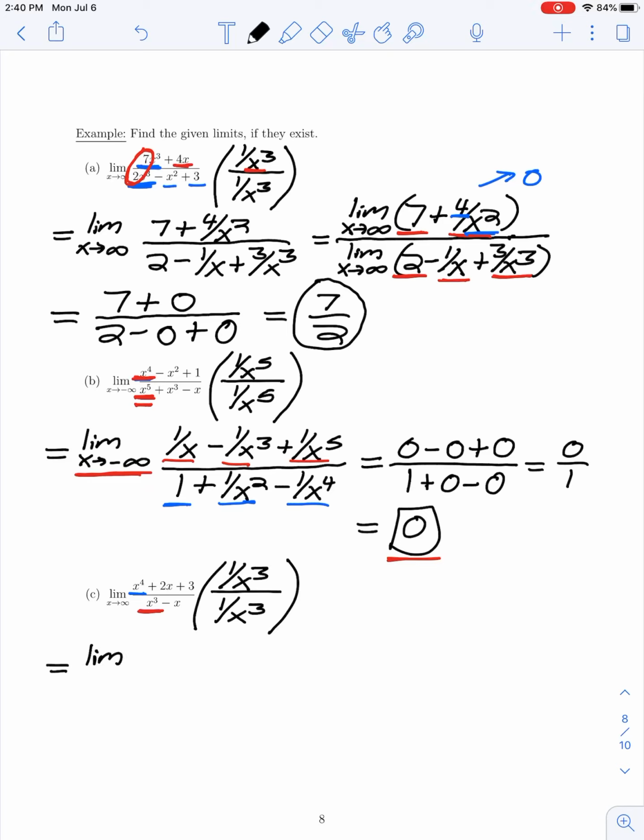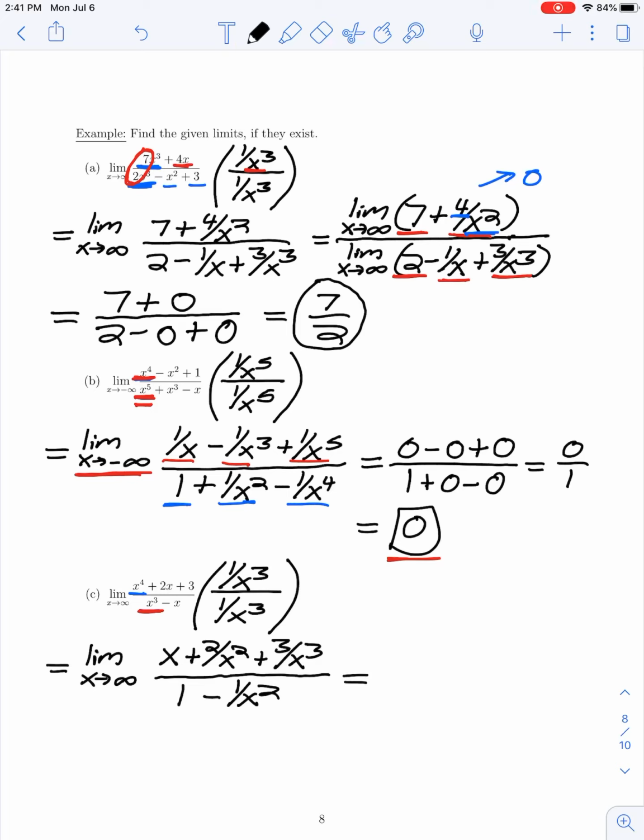So we have the limit as x approaches infinity of, when we divide our numerator by x cubed, we're left with x plus 2 over x squared plus 3 over x cubed, all over, when we divide our denominator by x cubed, 1 minus 1 over x squared.